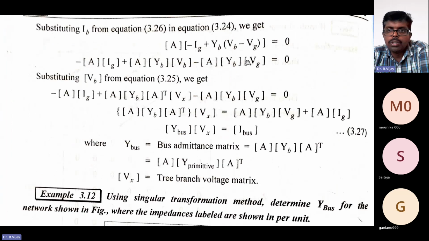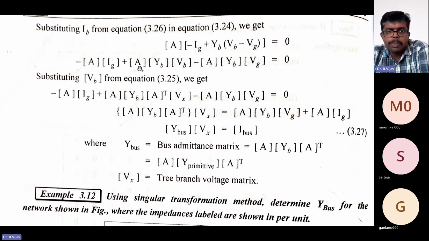Next step, we need to multiply this by A, the incidence matrix. If you multiply, minus A into IG plus A into YB into VB minus VG, so A into YB, equal to 0.